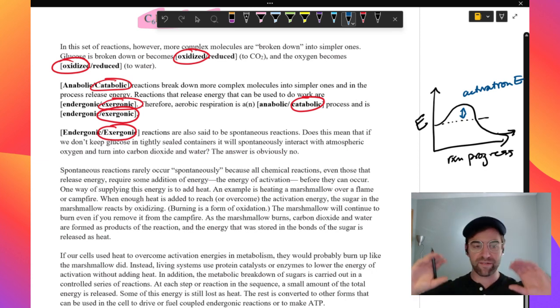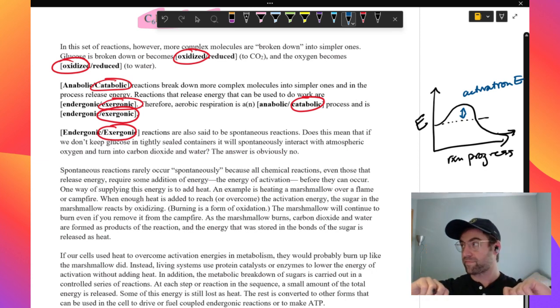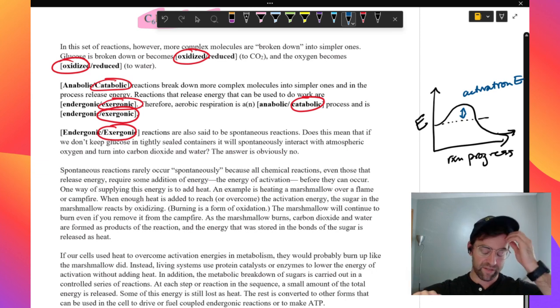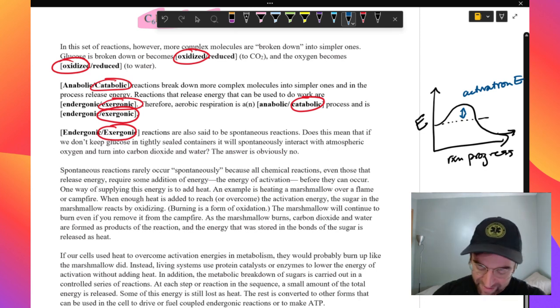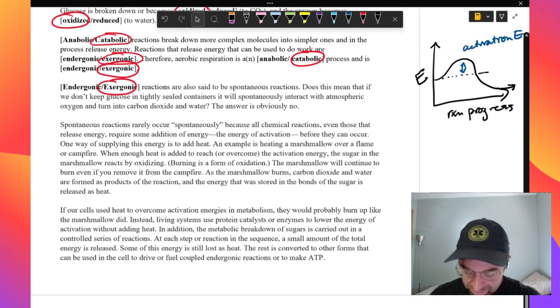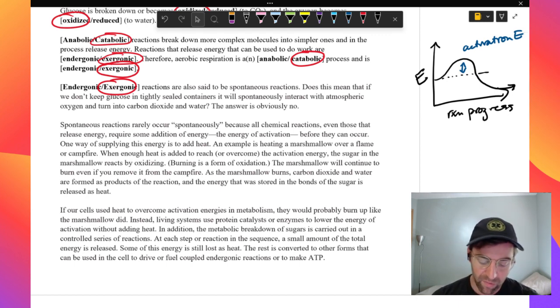If you've ever seen the SDS signs or the safety signs on chemical containers, and it says oxidizing agent, it's highly flammable. The marshmallow will continue to burn even if you remove it from the campfire, and as it burns, carbon dioxide and water are formed as products of the reaction, and the energy that was stored in the bonds of the sugar is released as heat.